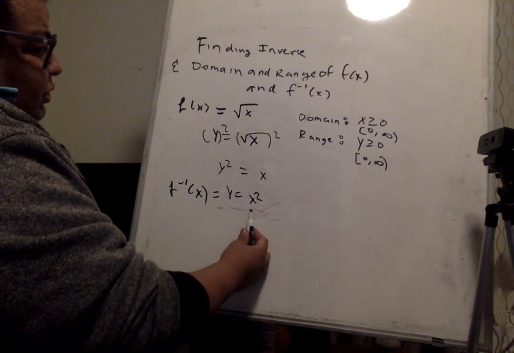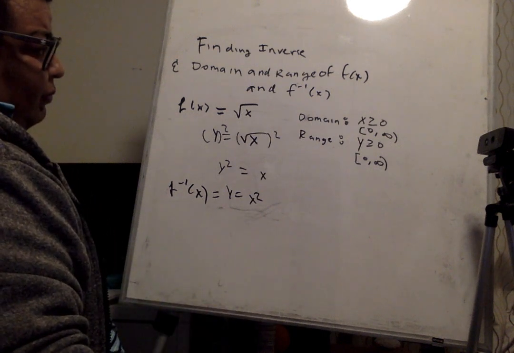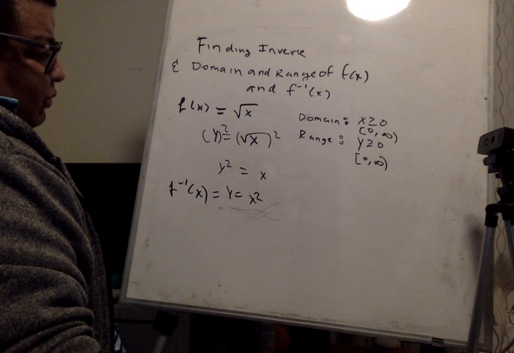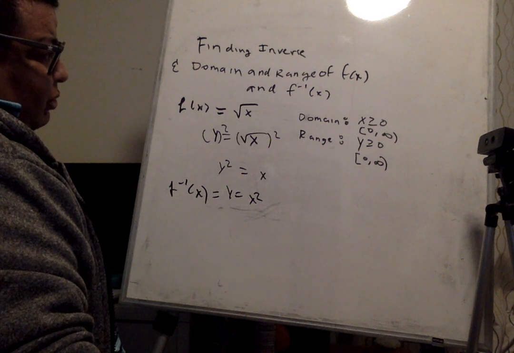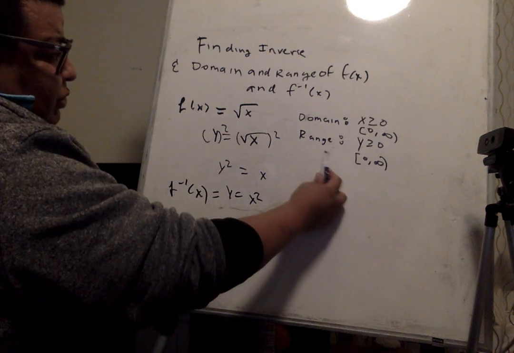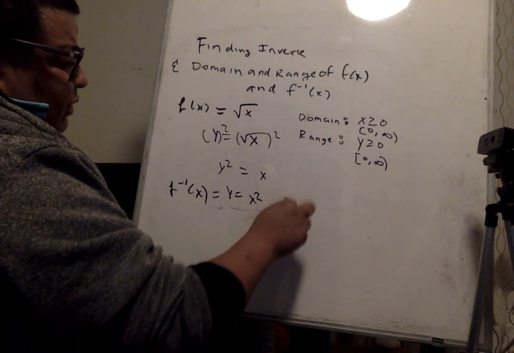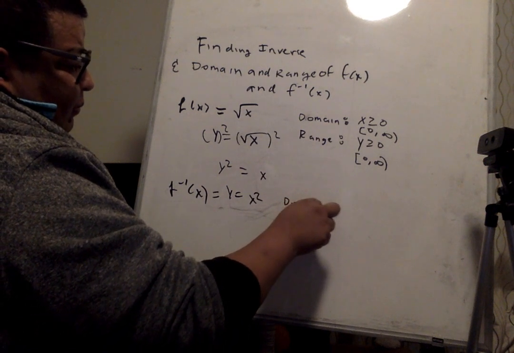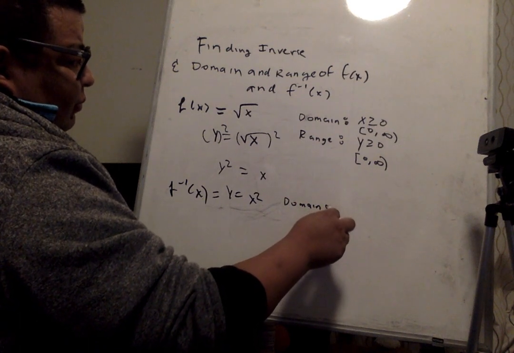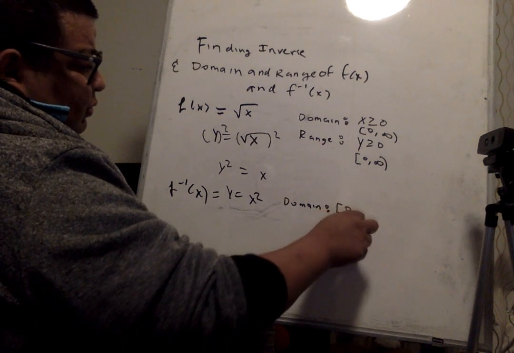Notice the inverse follows a similar pattern, because the domain is restricted. So the domain is this one here. The domain has to be anything 0 to infinity.